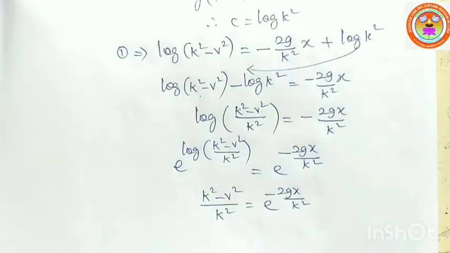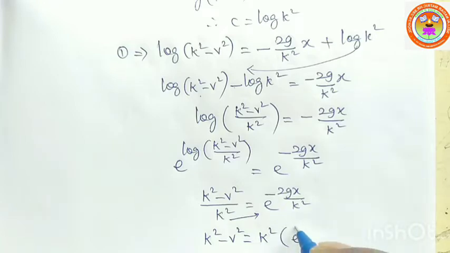But our aim is to find the unknown b square. So, these two k square we have to remove now. Remove from the left hand side. So, just cross multiply this k square into the right hand side. So, it will become k square minus b square is equal to k square into e power minus 2gx by k square.